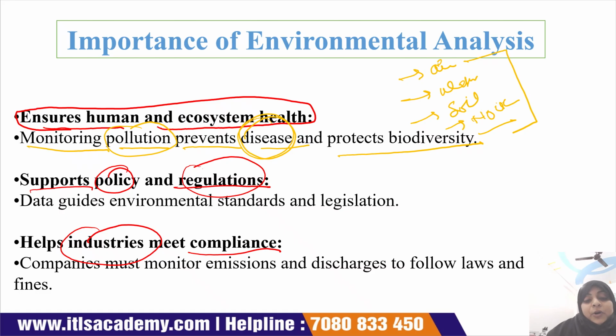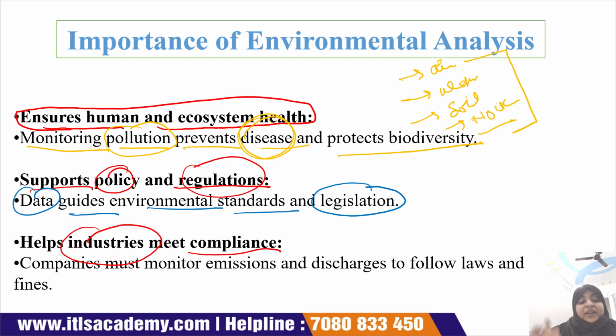Next is support policy and regulation. Data guides environmental standards and legislation. When we have different types of data, then with the help of that data we can guide what the environmental standards are and what the legislation related to those standards is. Next category is help industries meet compliance.